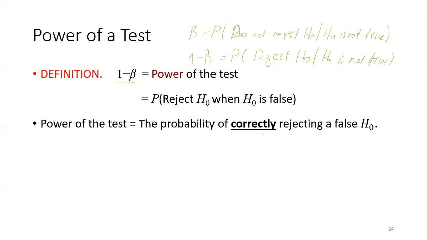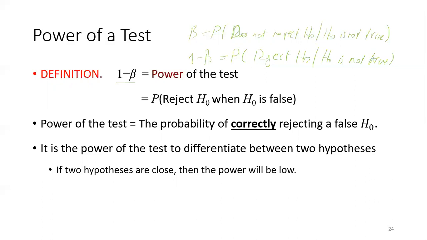So it's correctly rejecting a false H0. So the power of the test is the ability of the hypothesis test to differentiate between two hypotheses. So if the two hypotheses are very close to each other, remember, for example, if it is 68 and 68.5, then the power will be very low. Okay.